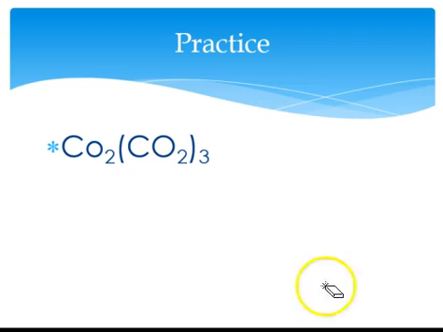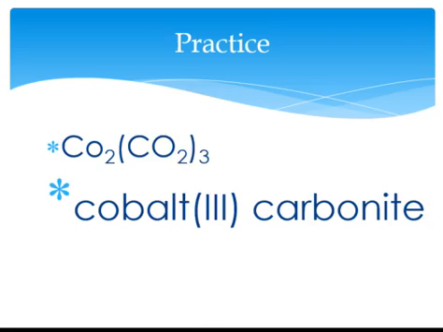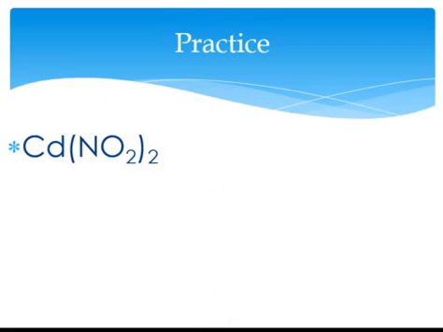Cobalt. Cobalt is a liar. Do the switch and see what numbers are here. So is CO2 a -2 charge? Did it give the 2 and not reduce? Yes. So cobalt, Roman numeral 3, carbonite. Another practice problem. Pause the video and come back for your solution.